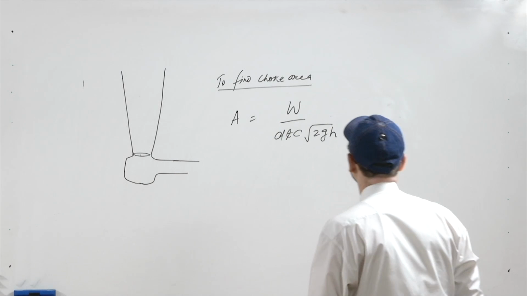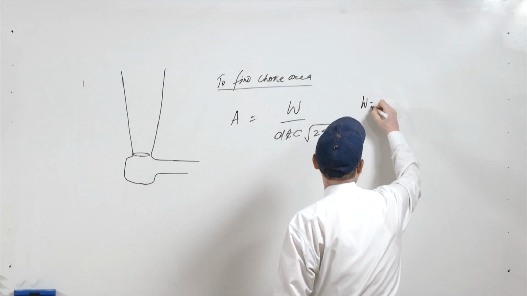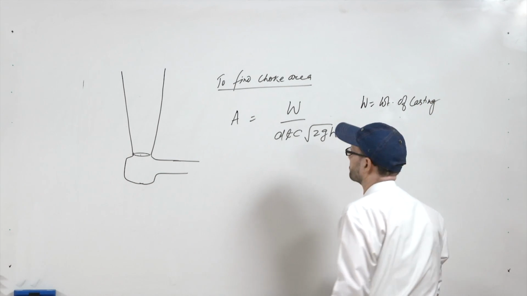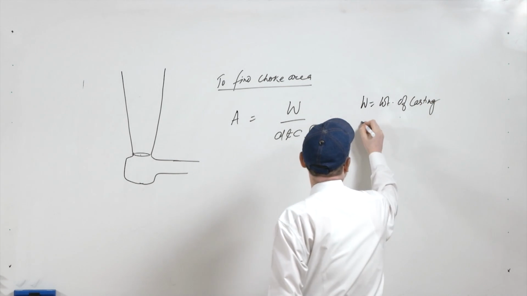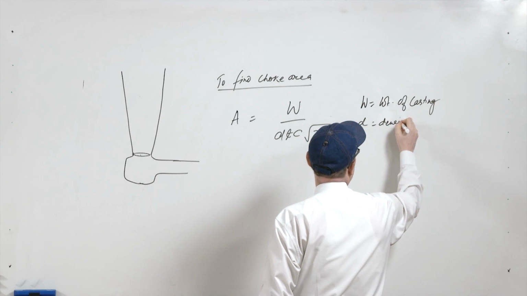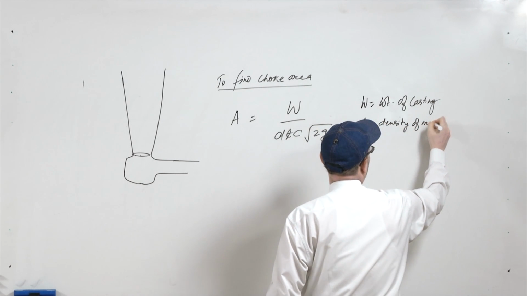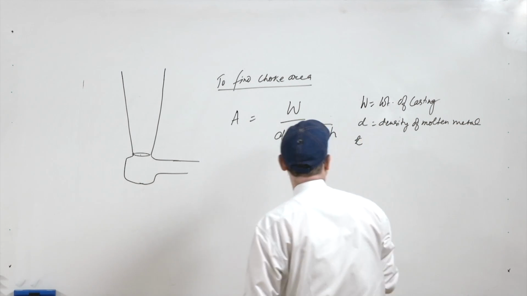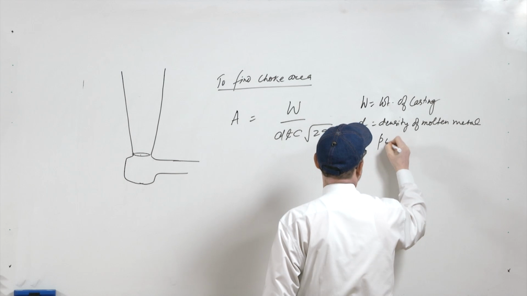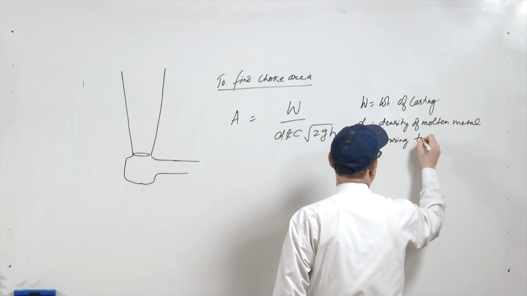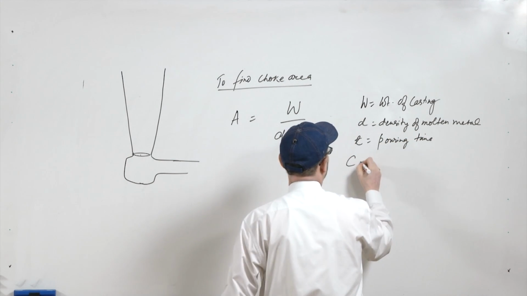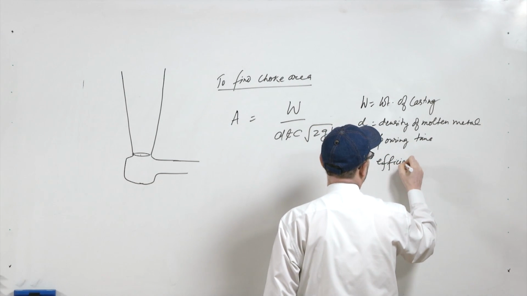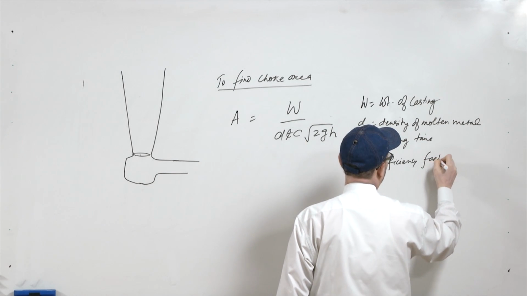Here W is the weight of the casting, d is the density of molten metal, T is the pouring time, C is the efficiency factor, which is known as nozzle efficiency.